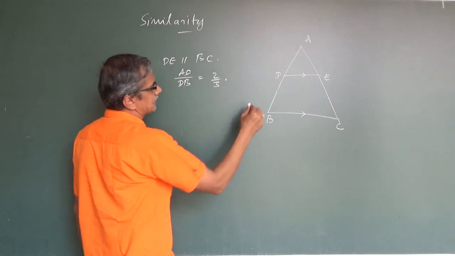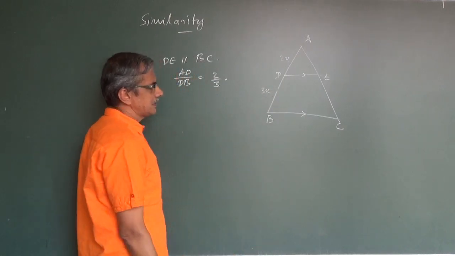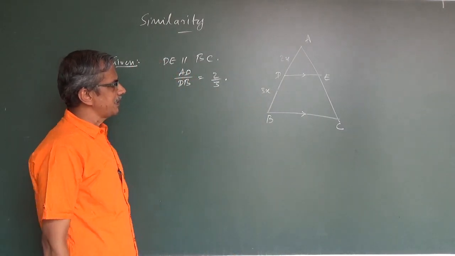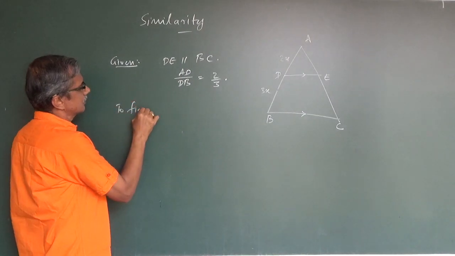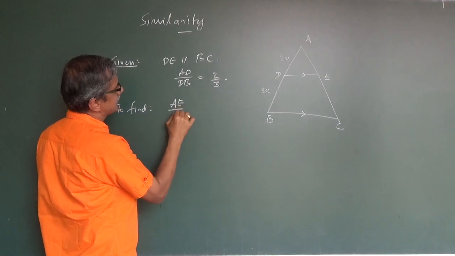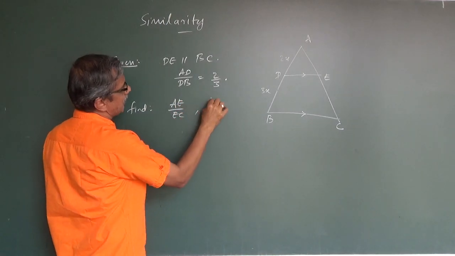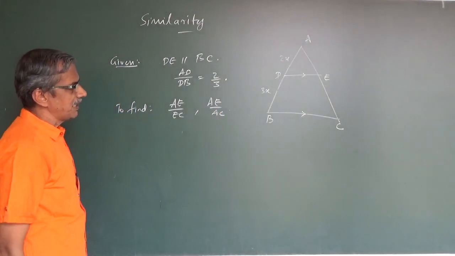This is given. That means this is 2x and this is 3x. So now we have to find AE by EC and AE by AC. So this part we have to find.